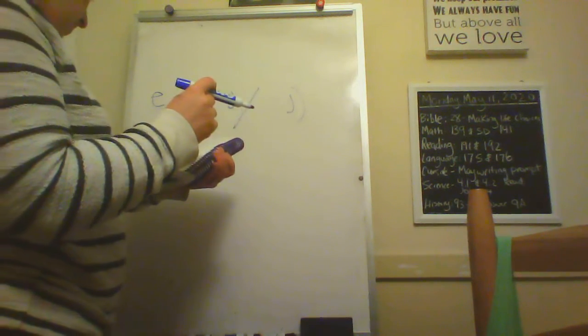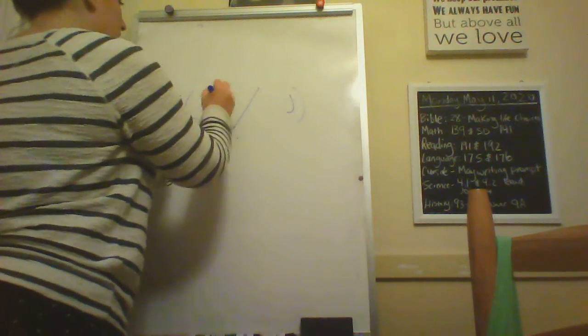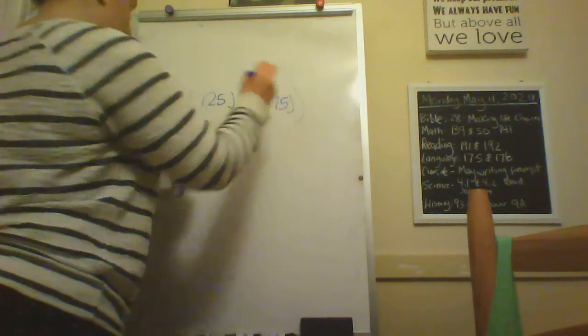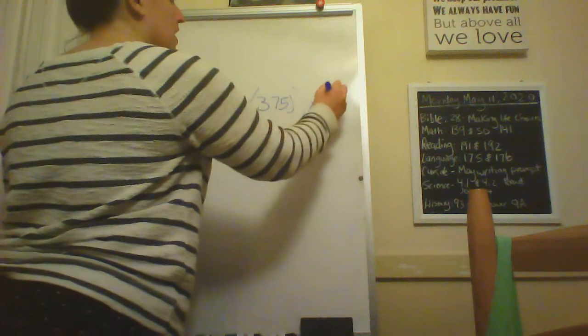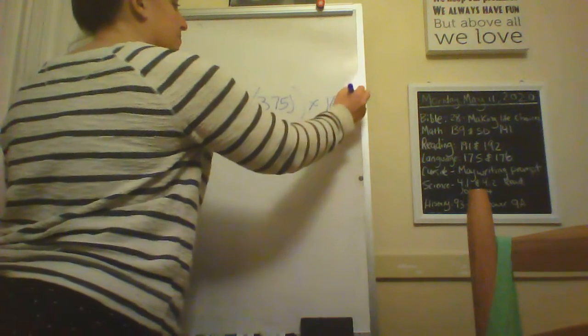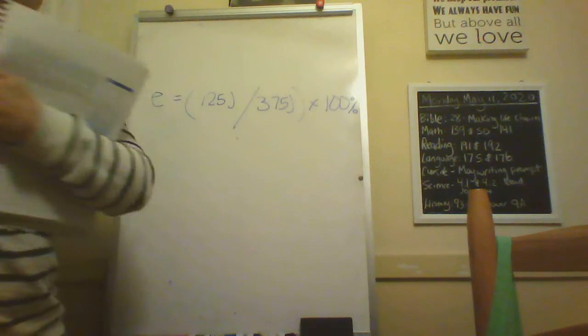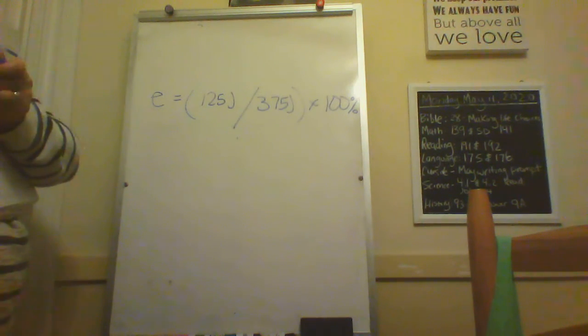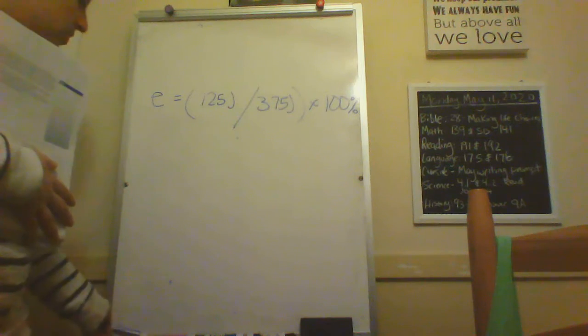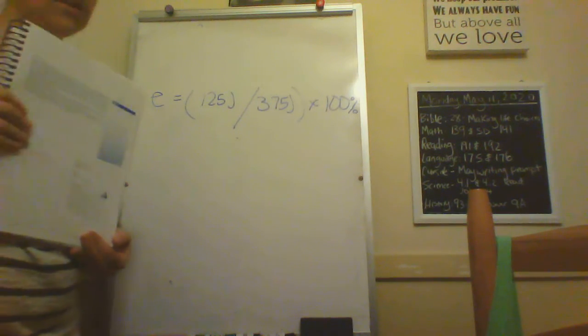So output goes first, so 125, and then 375. Okay, that makes a little more sense. And then that number we are multiplying times 100%. So you can go ahead and write that to solve your equation. So 125 joules divided by 375 joules. You're going to end up with a decimal, and then you multiply that times 100 to get your percentage.